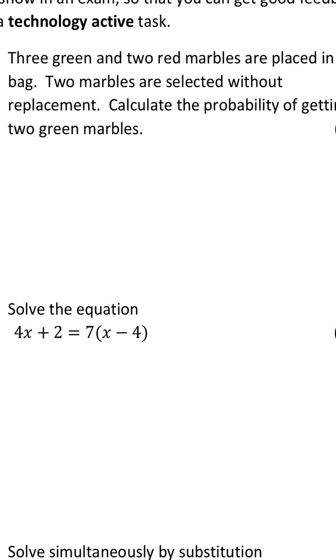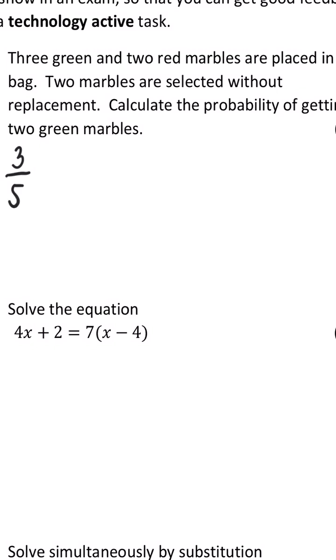Okay, question 3. We've got 3 green and 2 red marbles in a bag. We're pulling out 2 marbles without replacement. So we pull one out, we throw it away, we pull out another one, we throw it away. We want to know the probability of getting 2 green marbles. Let's think about, we're in the situation where we're pulling out that first green marble. Well, currently there's 3 green marbles out of a total of 5 marbles.